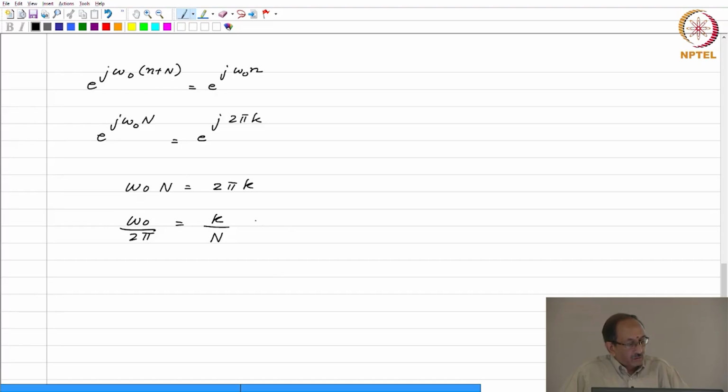And omega naught by 2 pi, the commonly used notation is to denote this as little f naught. So, if and only if f naught equals k by N, so this means this is a rational number.